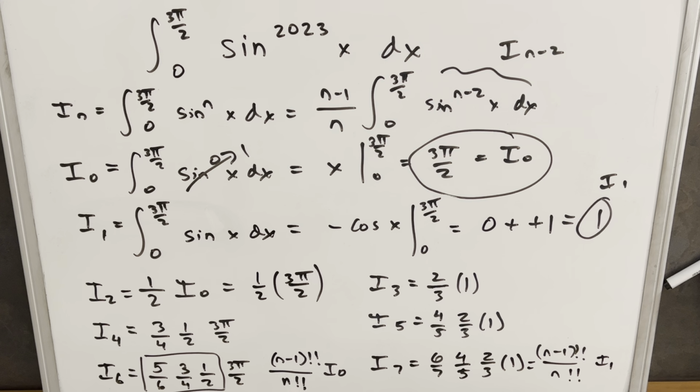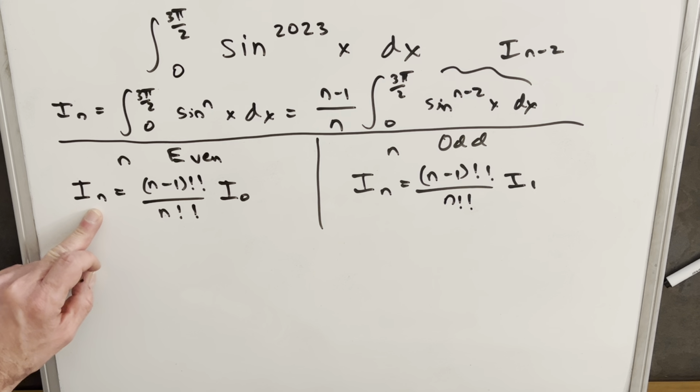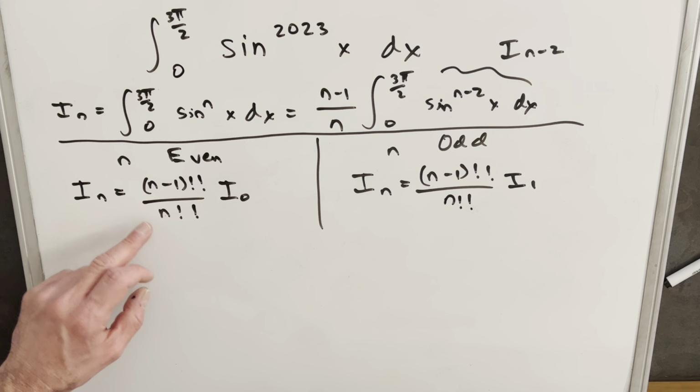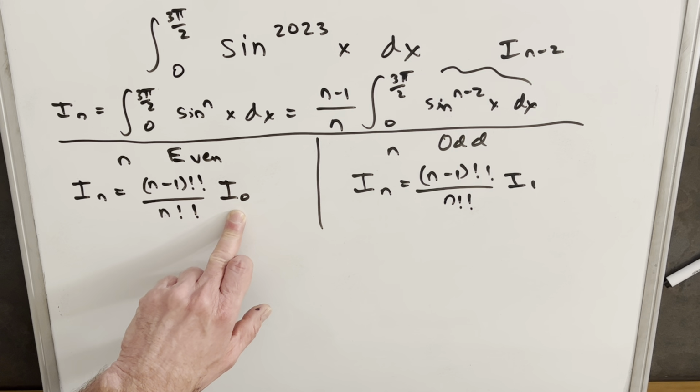Even though we have the same n minus 1 double factorial over n double factorial in both cases, in this one the numerator is even, and here the denominator is odd, and over here it's the opposite. Okay, so what have we established? We found that when n is even, we have this formula for I sub n: n minus 1 double factorial over n double factorial times I sub 0.